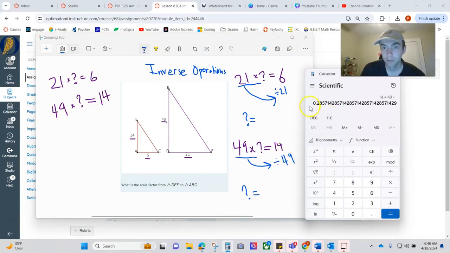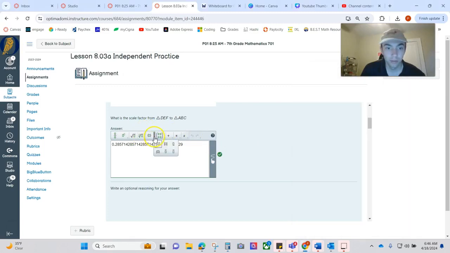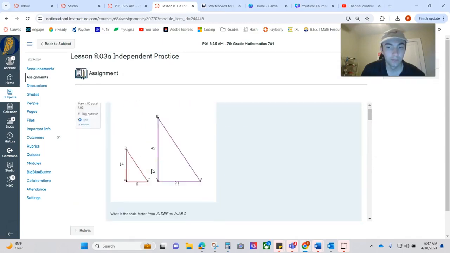Same thing. So you could just copy and paste this into your answer box like I did. Or you could type in 0.285714 with the repeating decimal bar. Or you could type it in fraction form, 2/7.